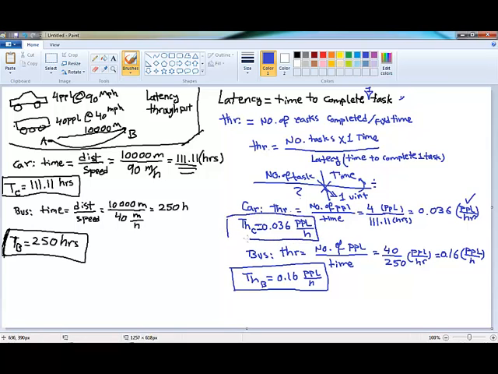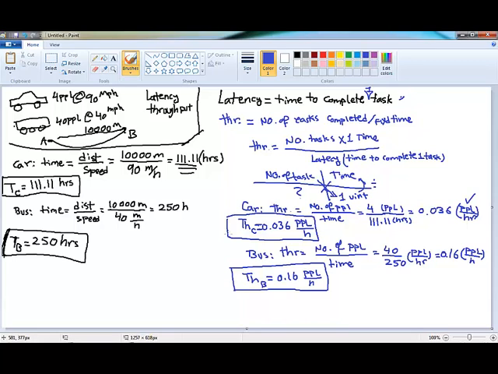So for the car, my throughput is 0.036, and for the bus, it is 0.16. Notice that the latency of the car is almost 2.5 times better than the latency of the bus, but the throughput of the bus is almost 4.5 times better than the throughput of the car.